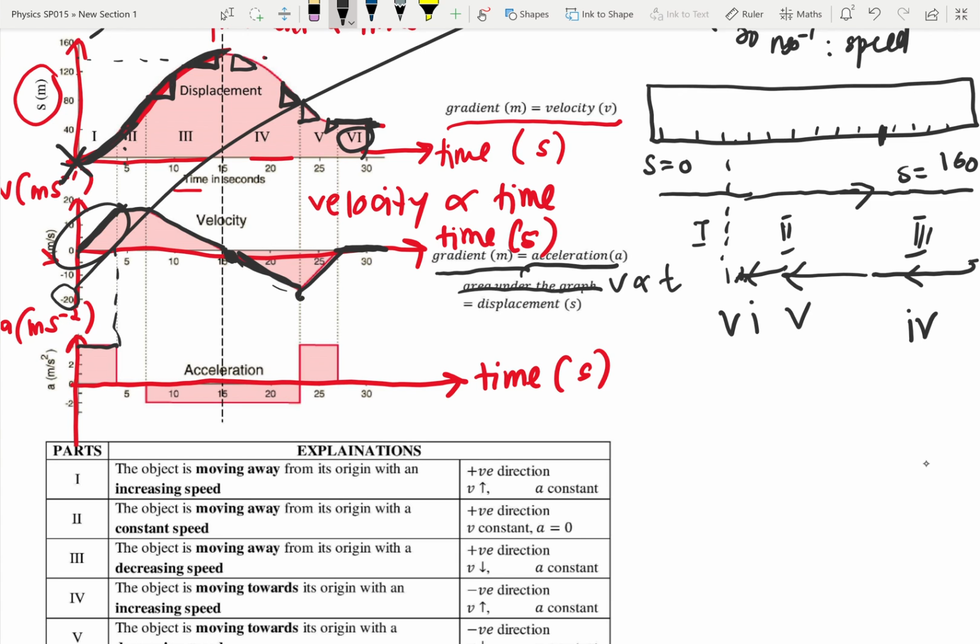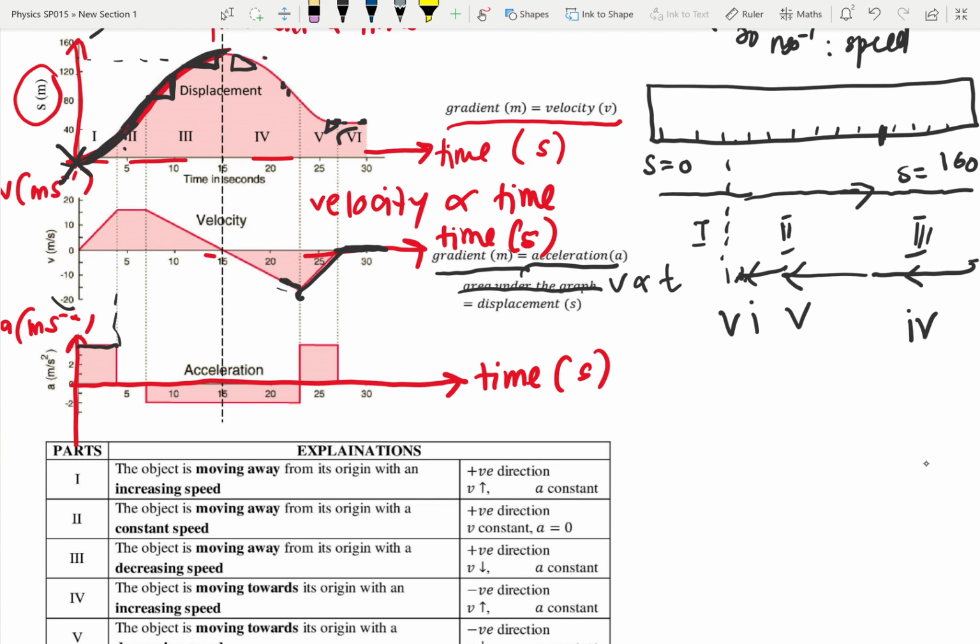Maybe I can clean up all this first. So this one is positive displacement, which means it moves to the right. And in this area, the object moves in the opposite direction, to the left. When the object moves to the right, the displacement is positive.